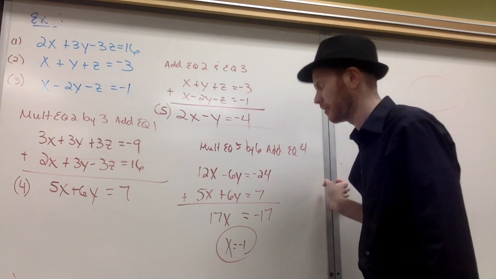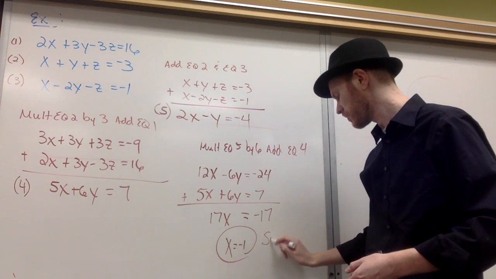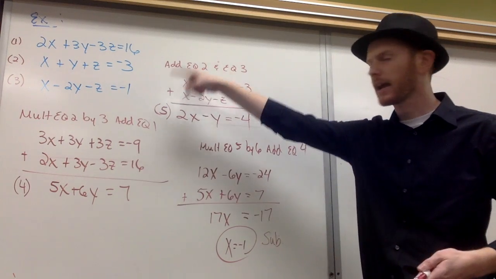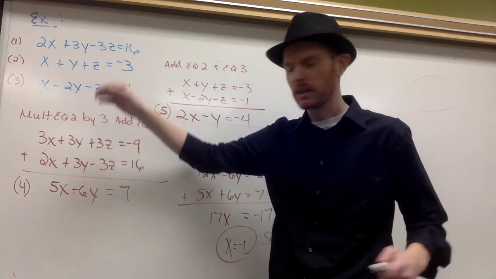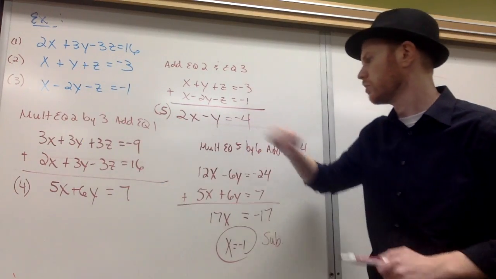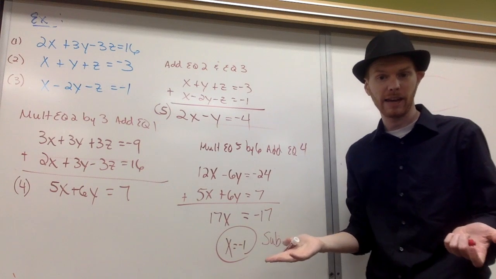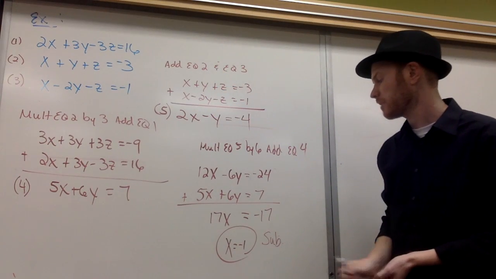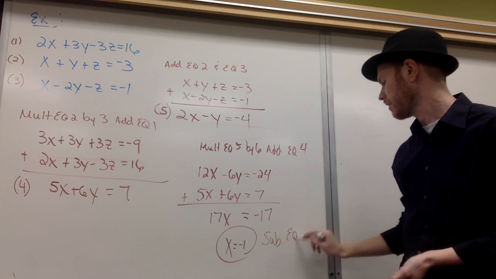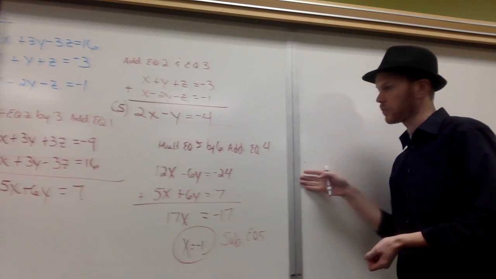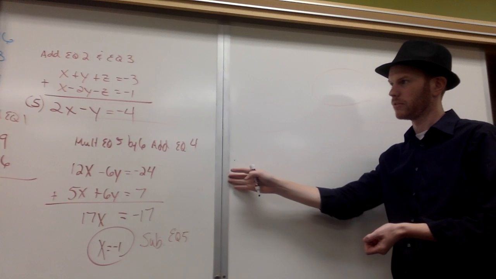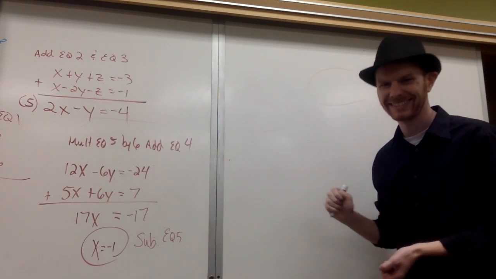All right, well, let's substitute this now. I don't want to put it back in the original because, once again, I don't know what y and z are. That's not going to help me. So I'm going to plug it back into one of these two because all I have left is y to solve. And I'm going to sub it into equation 5. I think that one's a little bit simpler, okay? So I'm going to scroll that over, all right?